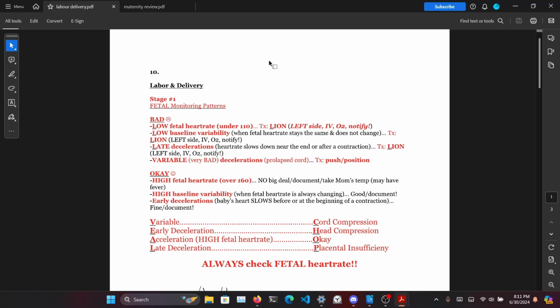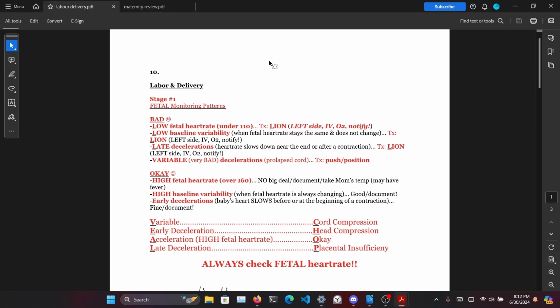In that case, we take the mother to the left side, give IV fluids and oxygen, take the vitals, and notify the doctor, right? Low baseline variability, when the fetal heart rate stays the same and does not change, is concerning too. You turn the mother on the left side, notify the doctor, administer oxygen, and do the IV fluids, right?